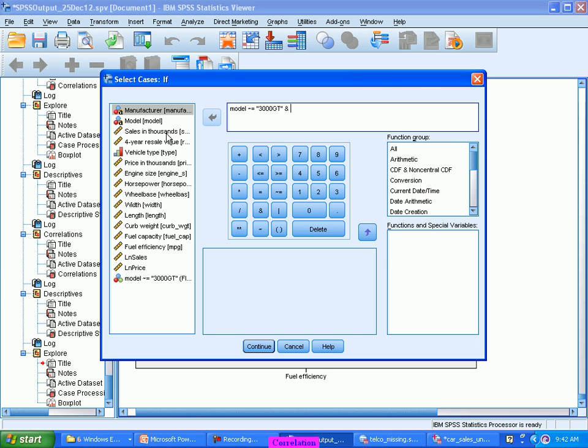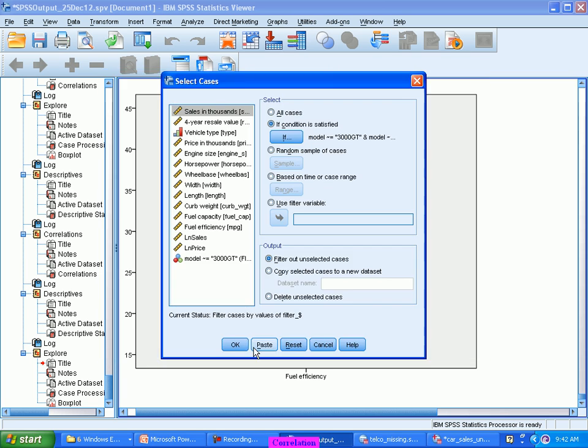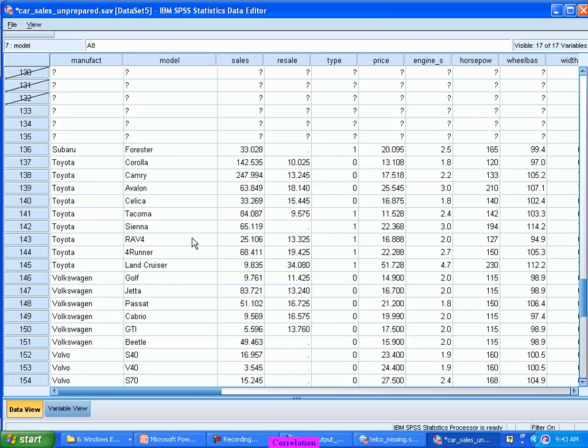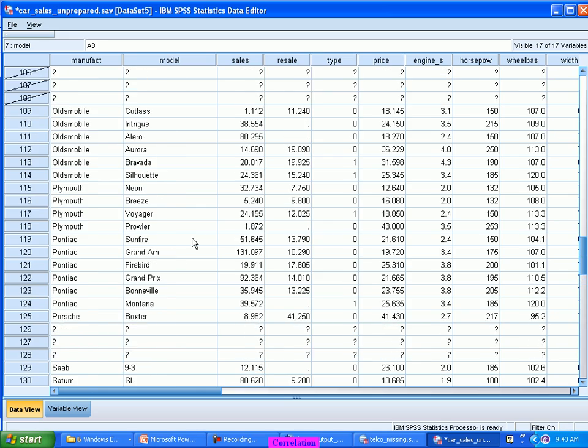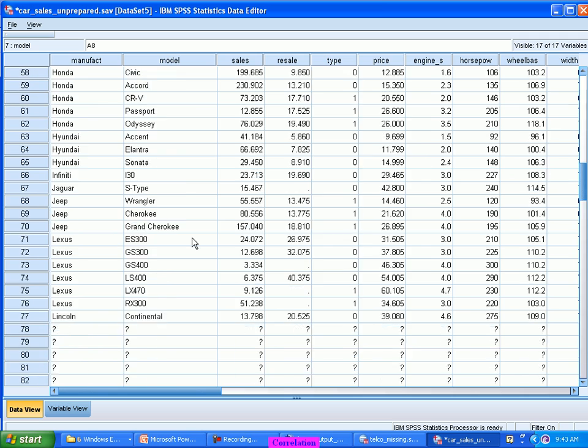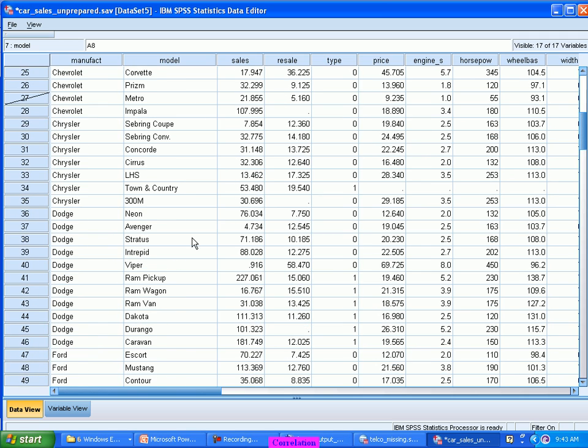And model name not equal to Metro. This is what you are saying, right? Let's see. 3000 GT is eliminated. Metro is also eliminated. So I'll put an AND rule saying this not equal to 3000 GT and this not equal to Metro.